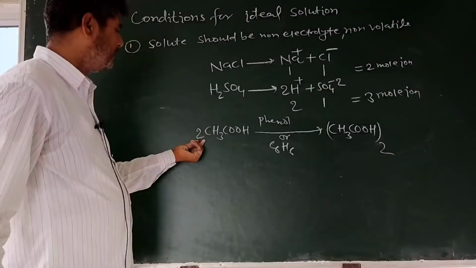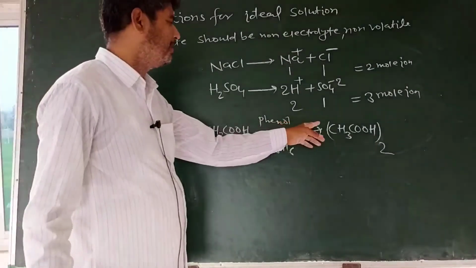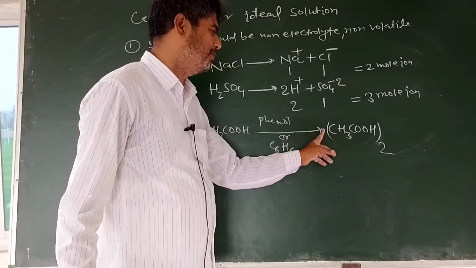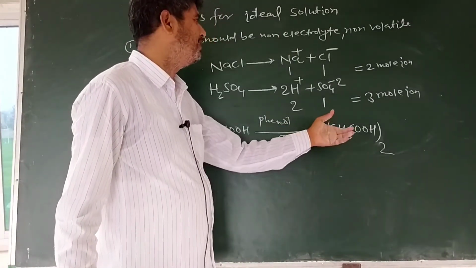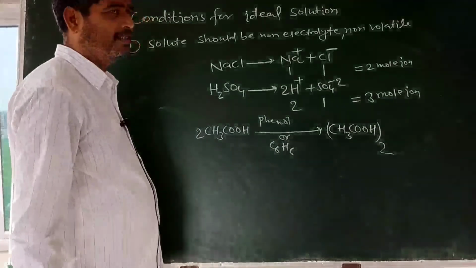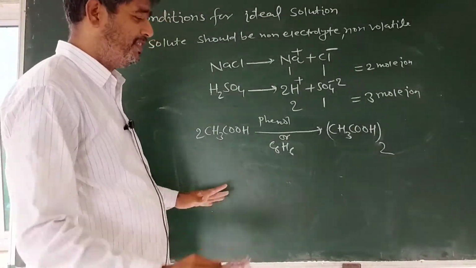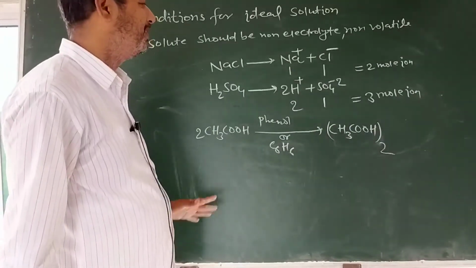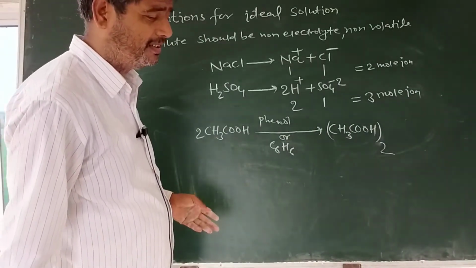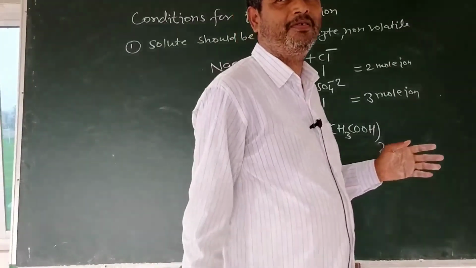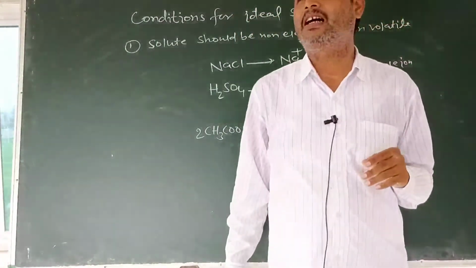Here the multiplicand is 2, means 2 moles. Here the multiplicand is nothing but 1 mole. It is association. So there should be no association or dissociation of the solute in the solution. Otherwise, our solution will not be ideal but abnormal.